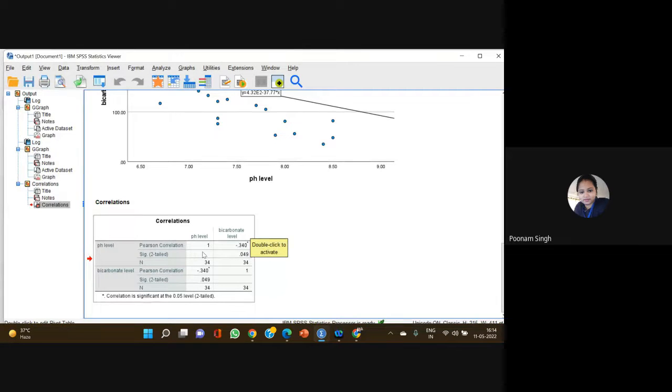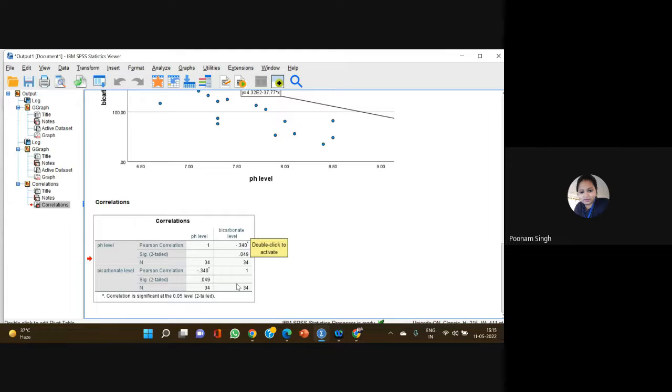Bicarbonate level and pH level is the same, so it shows every combination of variables. If we are computing the correlation coefficient between two variables, then it will show 2 rows and 2 columns: pH and pH, pH and bicarbonate, bicarbonate and pH, bicarbonate and bicarbonate, in this way.